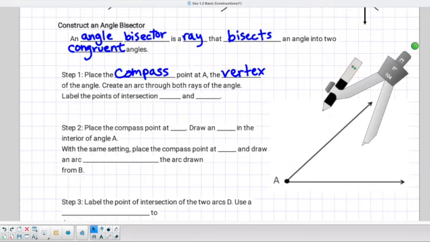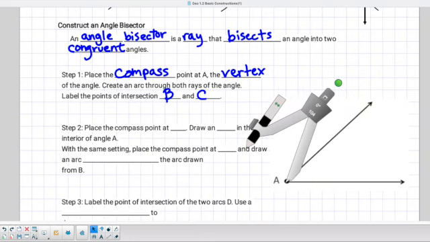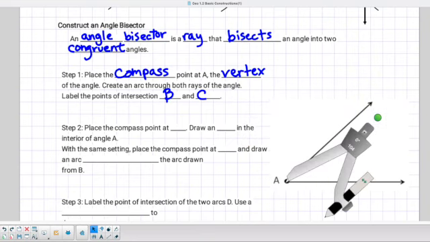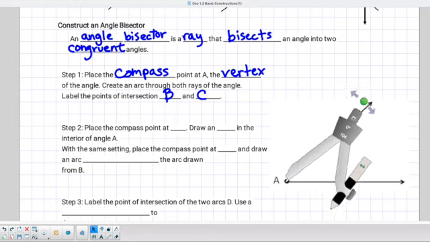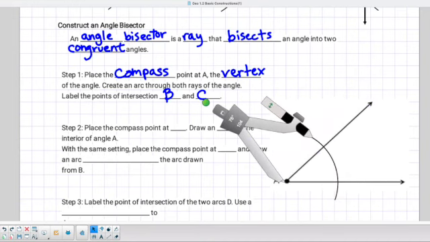Label the points of intersection B and C. We're going to take our compass. We're going to draw an arc that intersects both rays. We're going to label them B and C. Step 2.